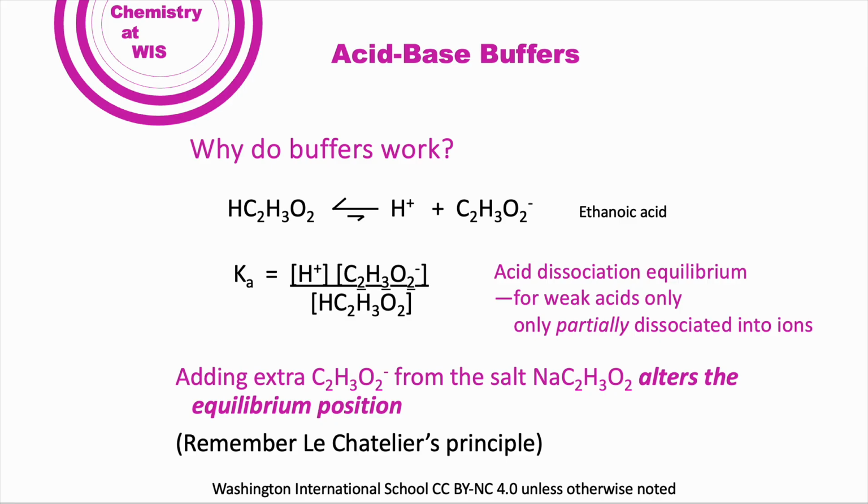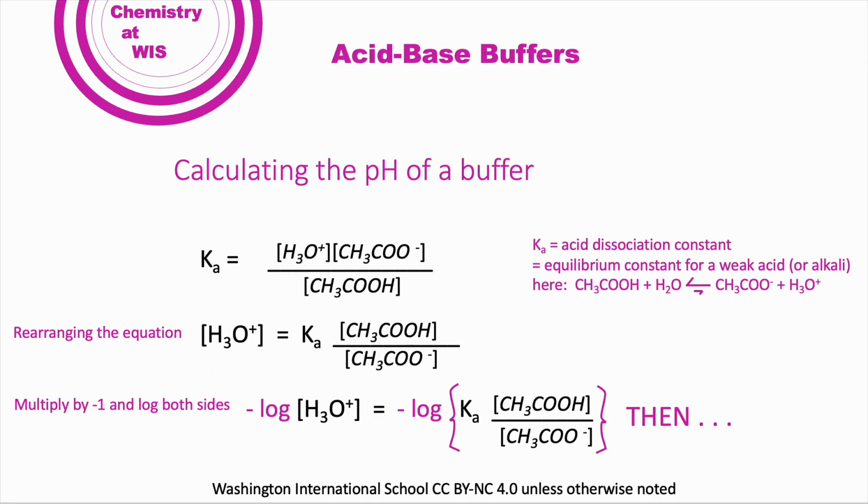And if you add one or more of the ions, you're going to alter the equilibrium position, and a reminder of Le Chatelier's principle. And so we've got Ka, and we're going to rearrange that equation so that the H plus ion here with water, H3O plus ion, is written in terms of Ka, the concentration of the undissociated acid, and the concentration of the acetate ion.